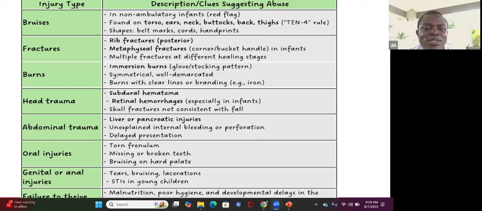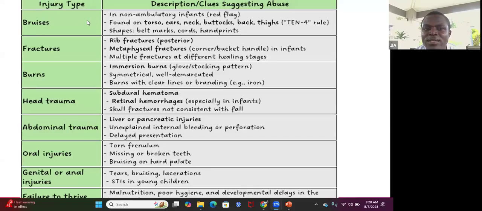So I had this table summarizing lots of them so that we can keep them in mind. On the left-hand side here, we have injury type, then what they mean, or things you can see that suggest abuse. The first one to talk about is bruises. In non-ambulatory infants, it's a red flag.